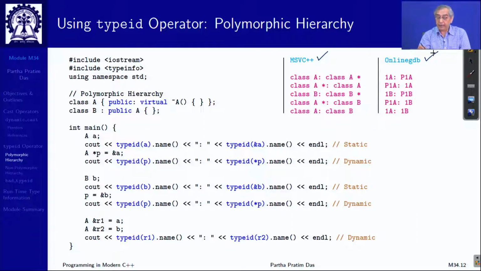So, for example, you can see here that in every case the class name is marked by 1 and the pointer by P1, and then the given name in the source comes up. So, you have to check the documentation of the system and know how to decipher these names.